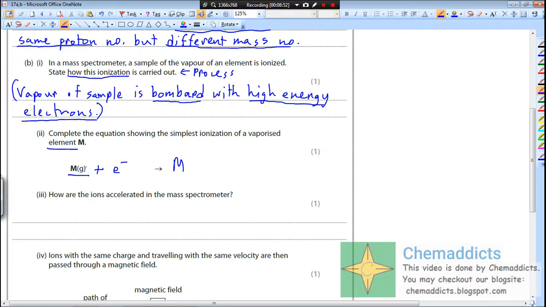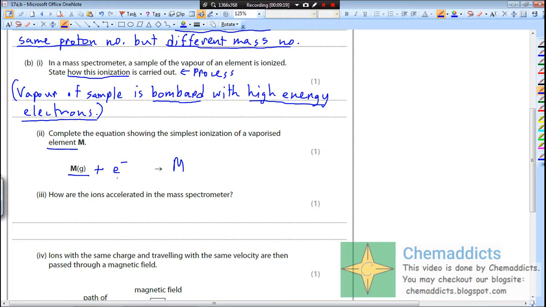This is for the state of this sample. So this is element M, and this is in gaseous state. By the way, this particular element is given a high energy electron.